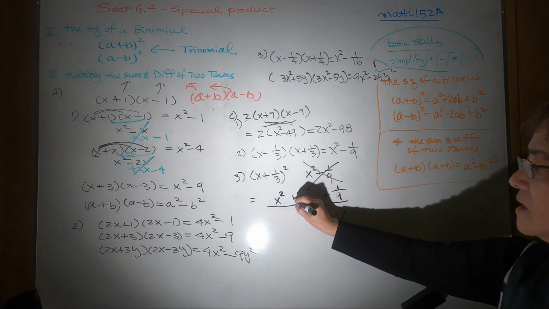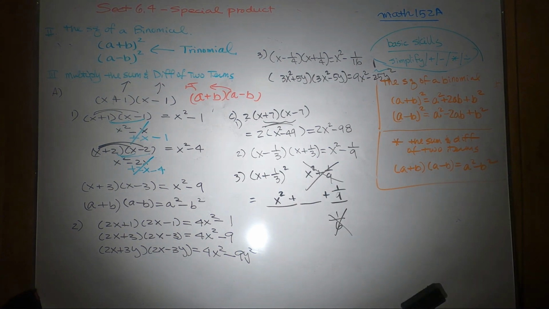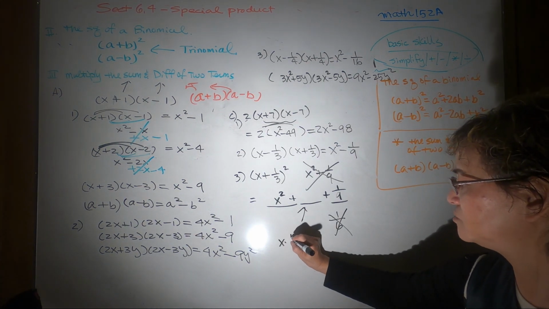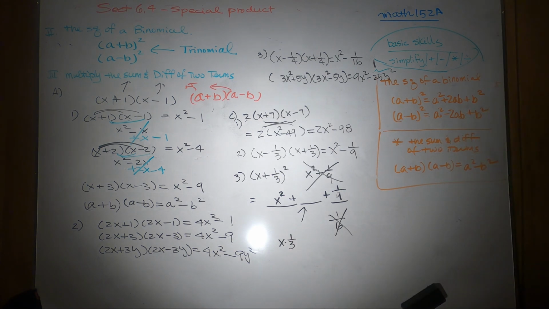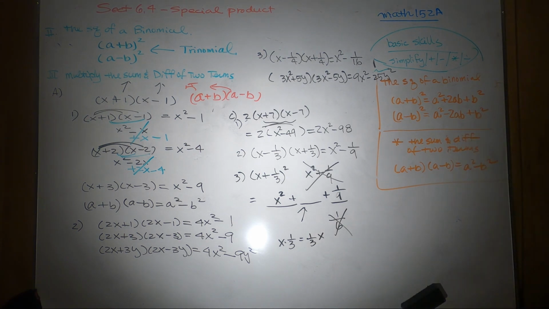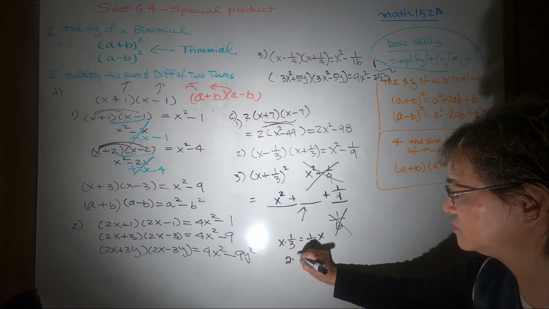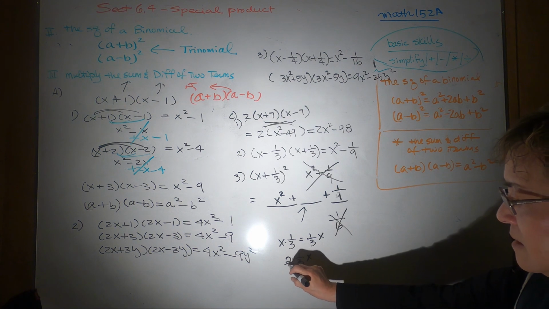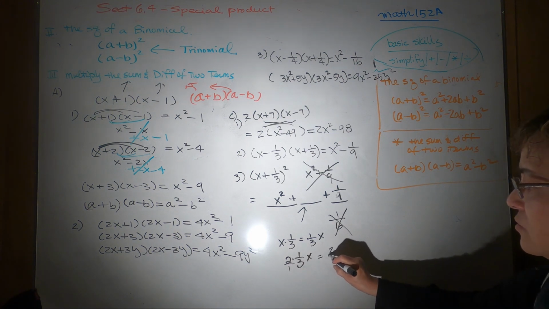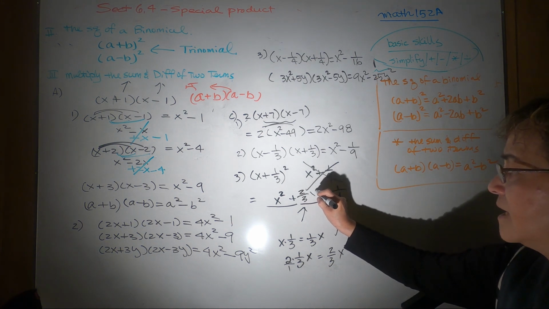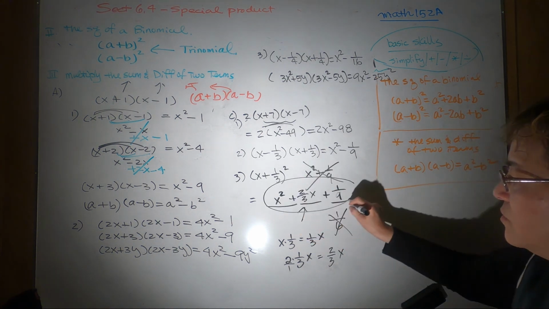And the middle part is these two multiplied together and doubled. So x times 1/3 is 1/3 x, then you double it. 2 times 1/3 x, you put 1 underneath, so it's 2/3 x. So you should have 2/3 x here. So that would be your answer.